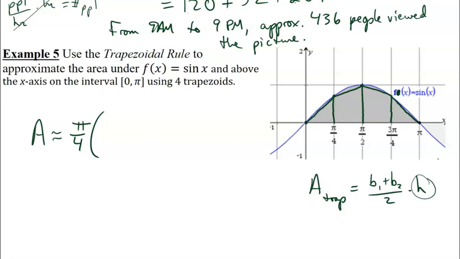So now I just need to find the average of the bases for each of the 4 trapezoids. So for the first one, I'm going to write this 2 different ways, first using function notation.